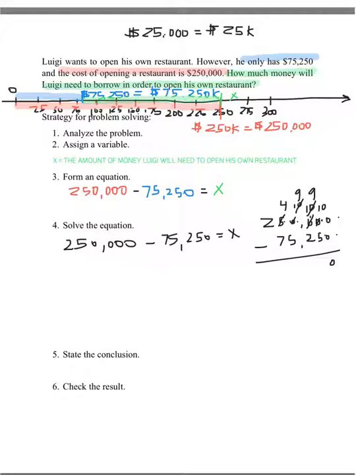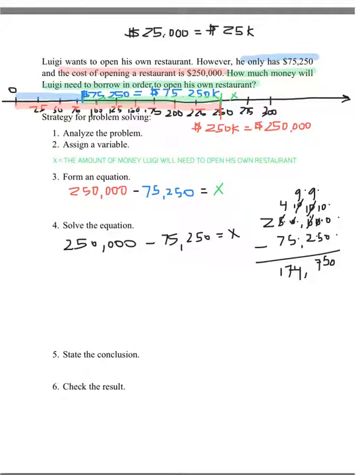So now we have 10 minus 5, which gives us 5. We'll have 9 minus 2 gives us 7. Go ahead and bring the comma down for the placeholder. Then we'll have 9 minus 5, which gives us 4. And then 24 minus 7 gives us 17.